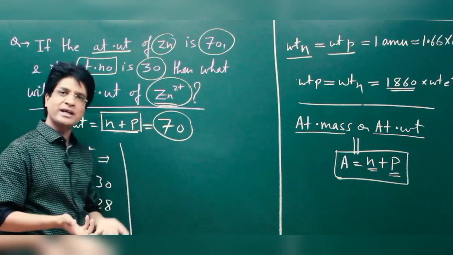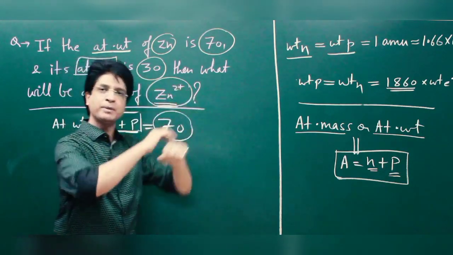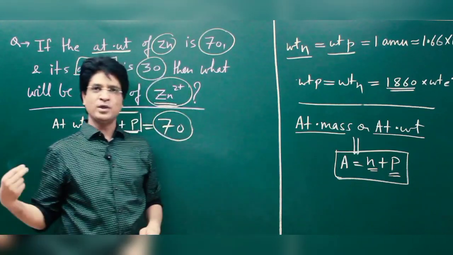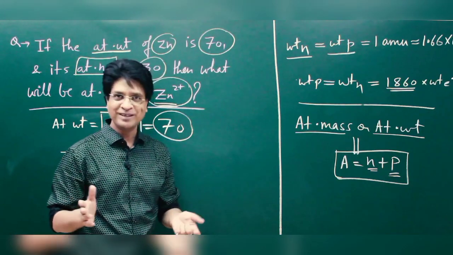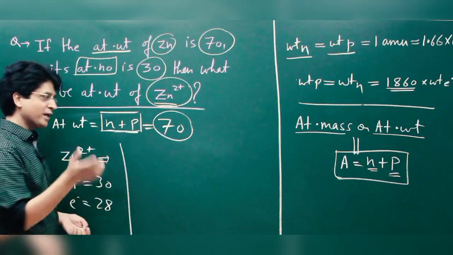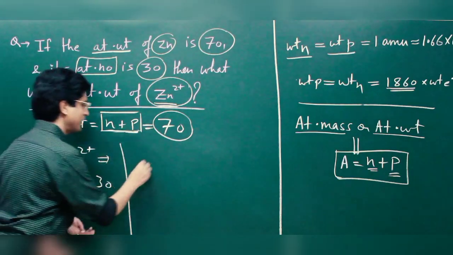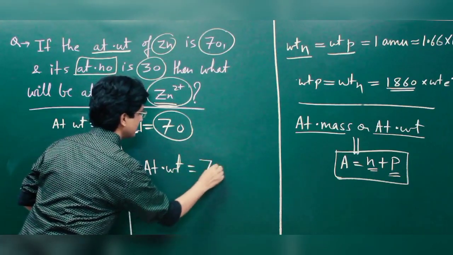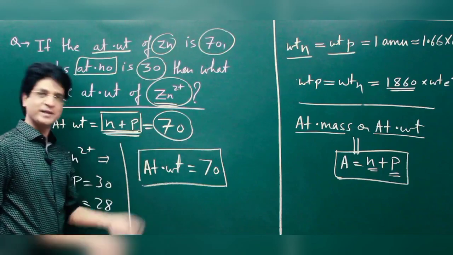It is just like a truck fully loaded with thousands of pebbles: if I take out 2 pebbles, will the weight of the truck change significantly? You will say no. So whatever the weight is, it is because of the number of neutrons and protons, and I am not disturbing that. So the atomic weight will not change. It will remain 70, because the number of neutrons and protons is still the same.